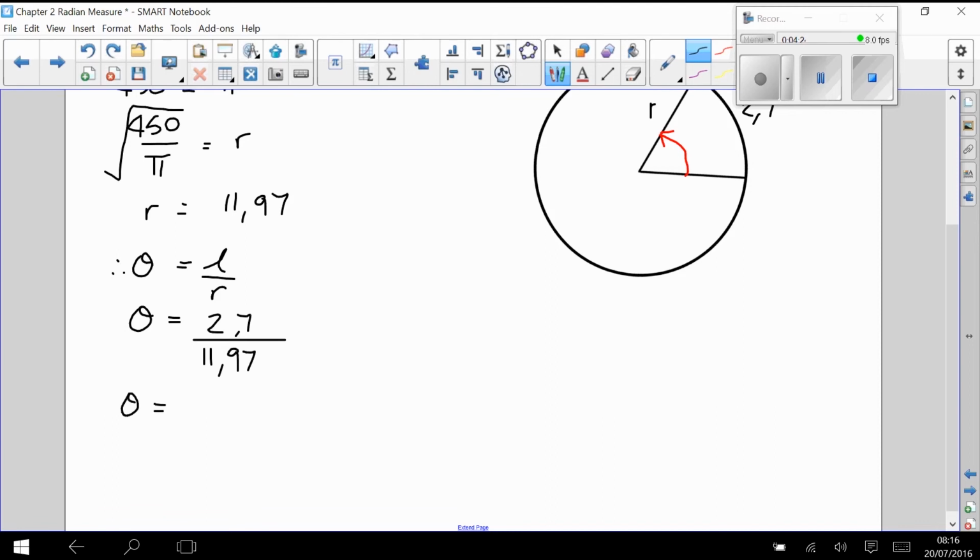This is going to give me my angle in radians, and my angle in radians is 0,226 radians. But the question asks me to find this angle in degrees. So now I need to convert my radians to degrees.